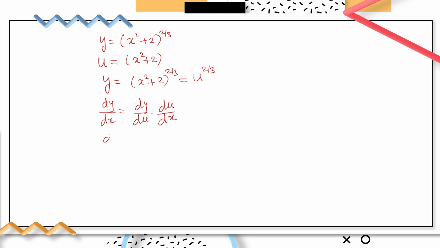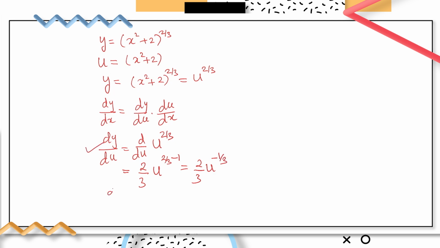So what will be dy by du? dy by du will be equal to d/du of u to the power 2 by 3. Applying the power rule, that is d/dx of x to the power n is n x to the power n minus 1, you will get 2 by 3 into u to the power 2 by 3 minus 1. That is 2 by 3 into u to the power minus 1 by 3.